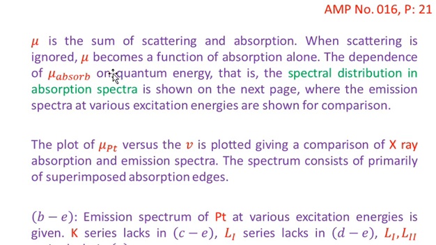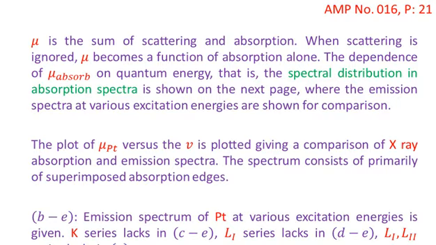That is the behavior of mu absorption as a function of the energy of the X-rays entering into the material, which we refer to as the spectral distribution in the absorption spectrum, is shown on the next page, where the emission spectra at various excitation energies are also shown for comparison.